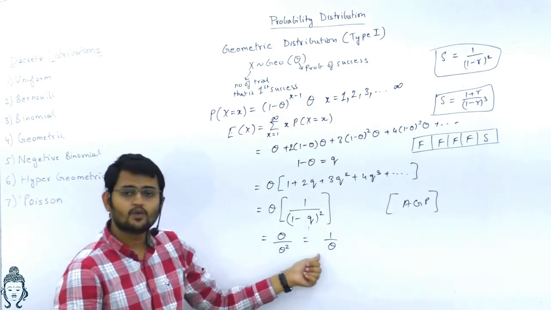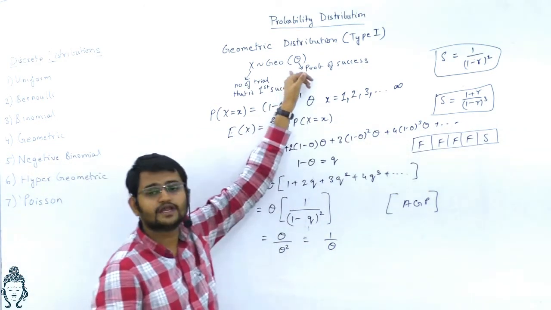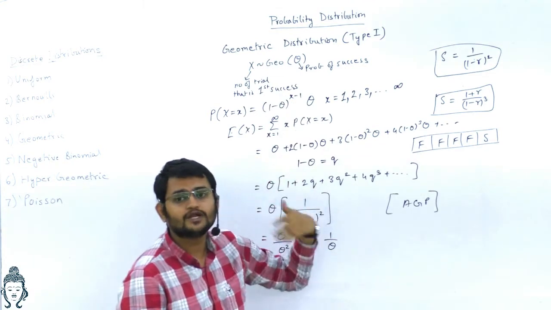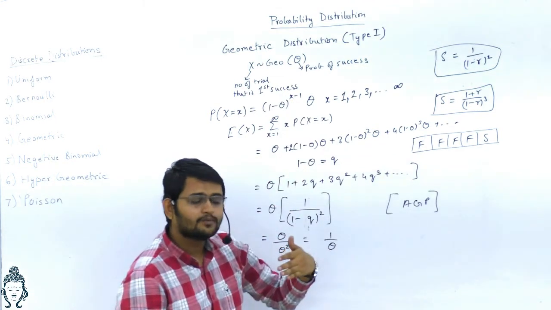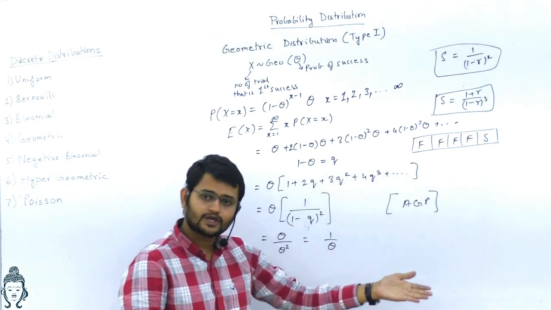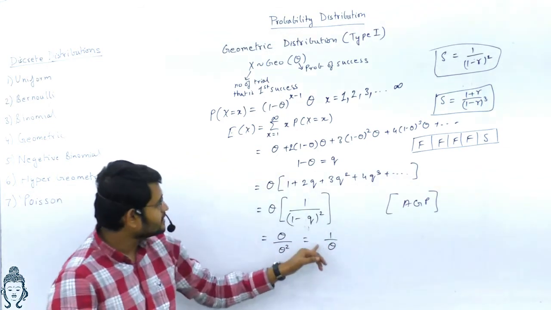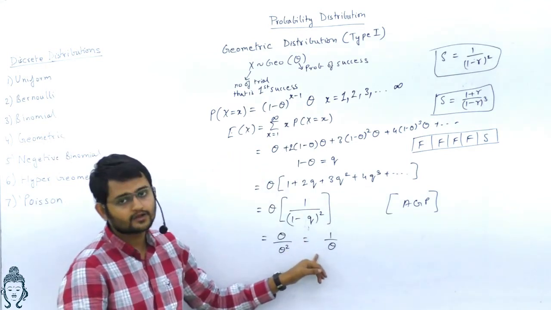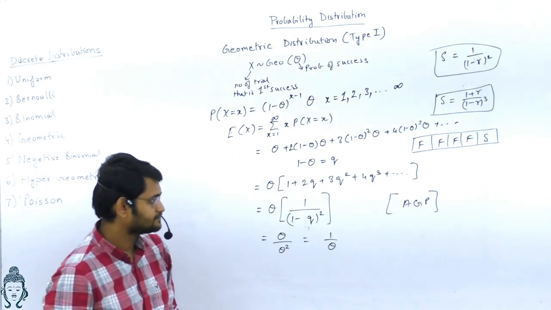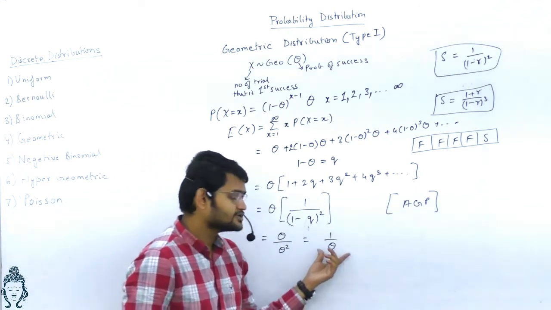So we'll get 1 by theta. If theta is very large, that means the probability of getting a success is very large, so my first sale will be much quicker. So the expected value of x is going to be a small value, again 1 by theta. So logically also this holds true.